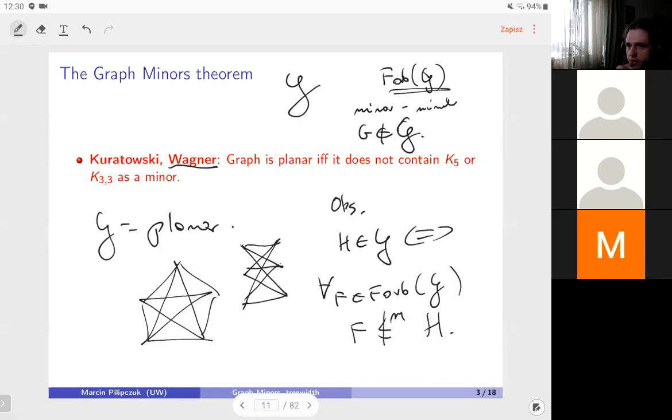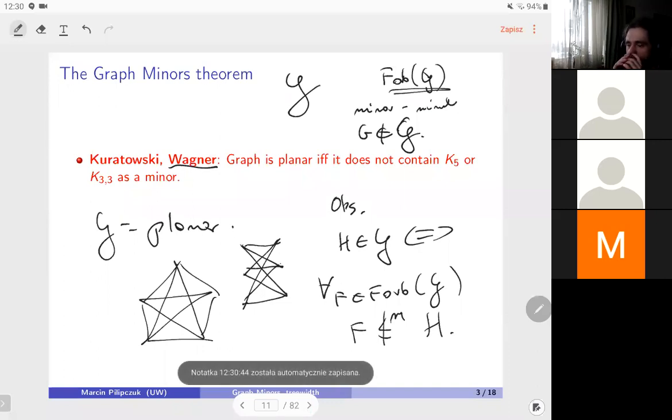So we have this abstract notion of forbidden graphs, and it turns out that for planar graphs, the answer to which graphs are minor minimal non-planar is actually very neat. It's not that neat for larger surfaces, but still you can prove that they are somewhat small, there is a finite number of them.